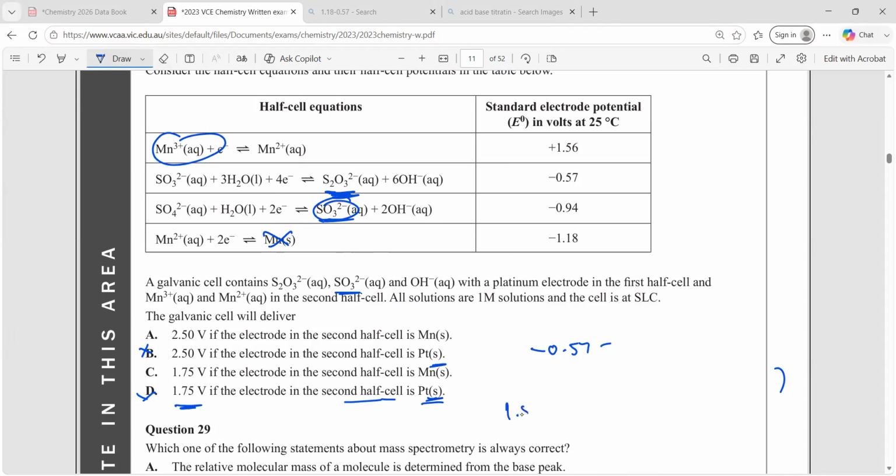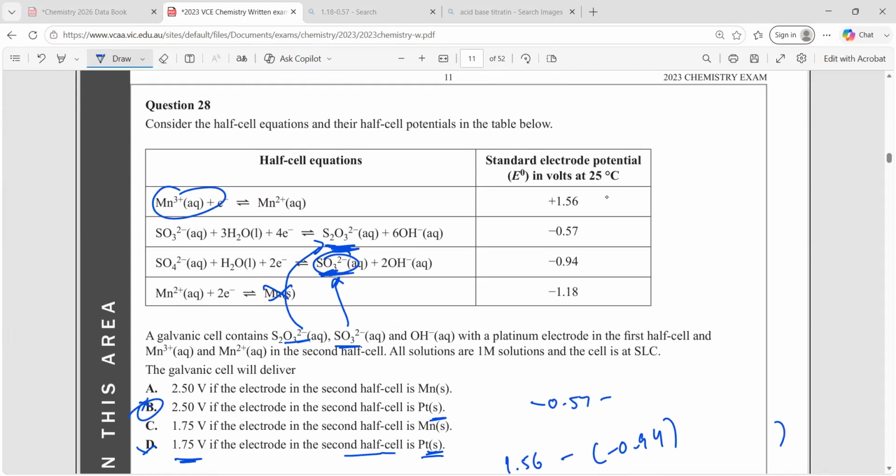So there should be 1.56 minus 0.94. Which is 2.5 volts. So there's both this and that. However, this would preferentially oxidize. That stumped me more than it should have. That was really, really stupid.